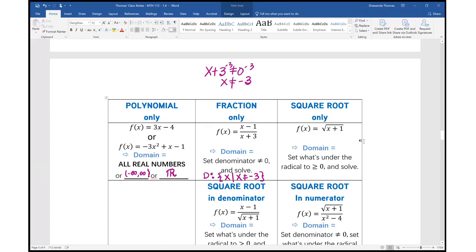We want the numbers under the radical to be positive, meaning we only want to produce positive numbers under this radical. So in order to figure out what x values will work, we set what's under the radical to greater than or equal to 0 in this case.